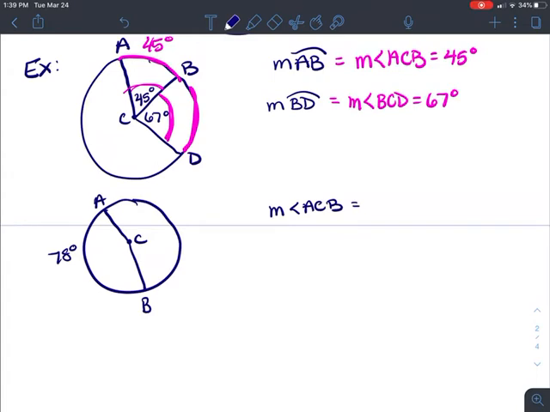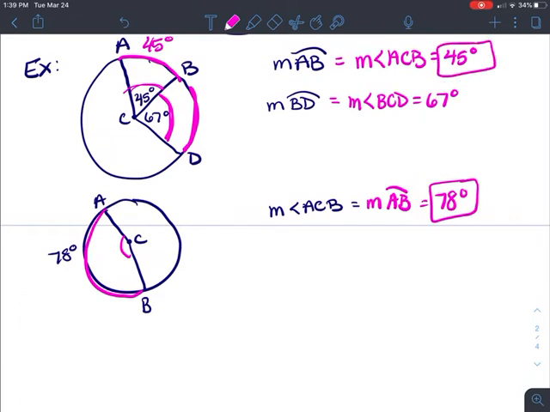Okay, so since this is a minor arc, I can say that the minor arc is equal to the measure of my central angle. So this would be equal to the measure of arc AB, which is 78 degrees. Okay, so these are my answers for central angles.